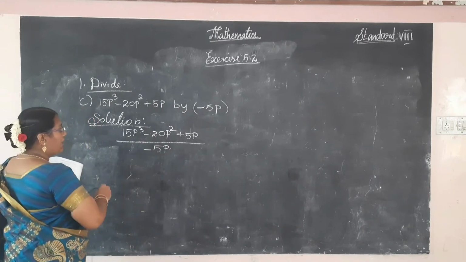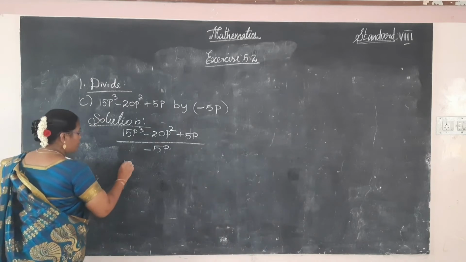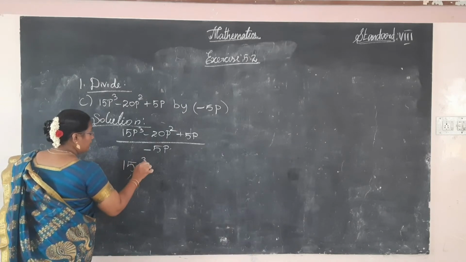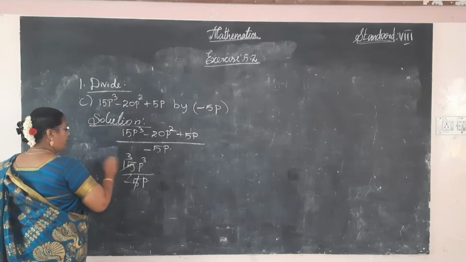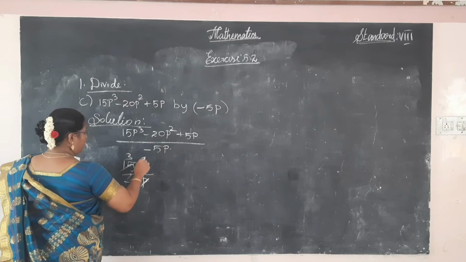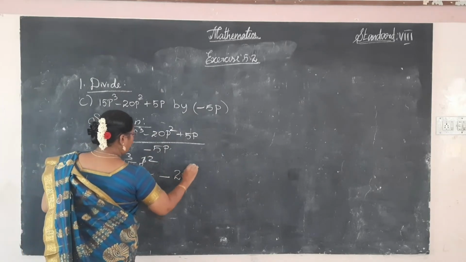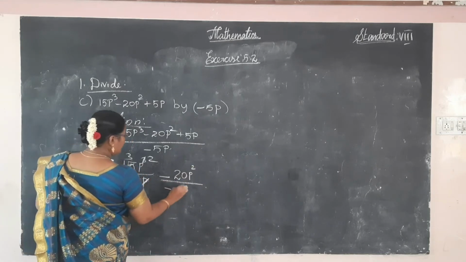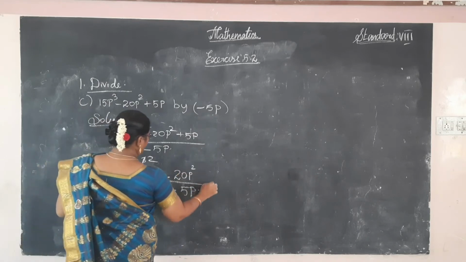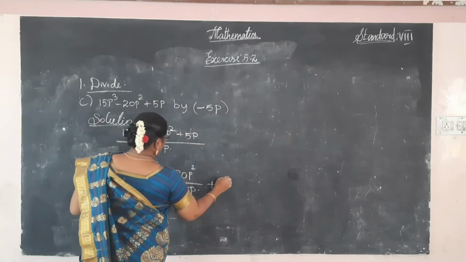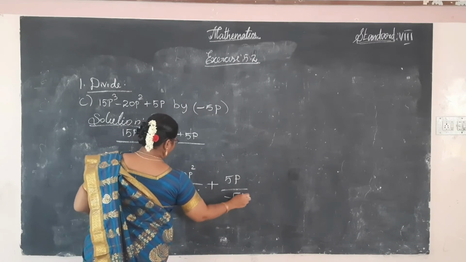After that, write each term individually. So 15p power 3 by minus 5p, and next minus 20p power 2 divided by minus 5p, and next plus 5p by minus 5p.